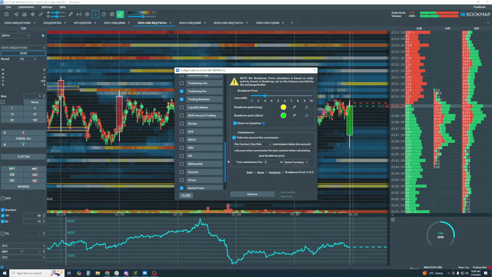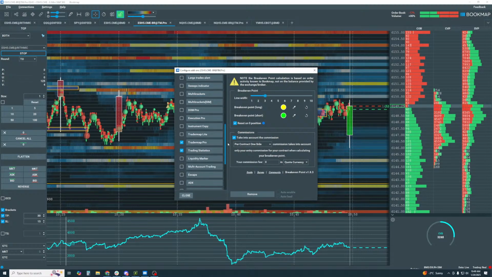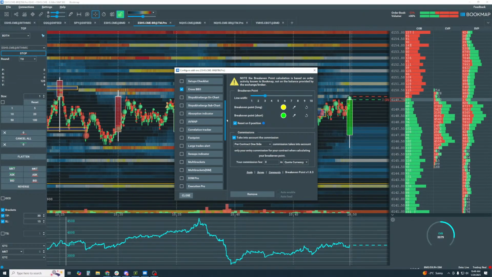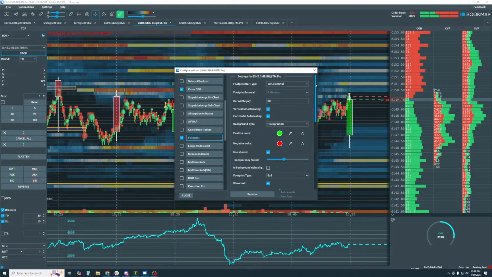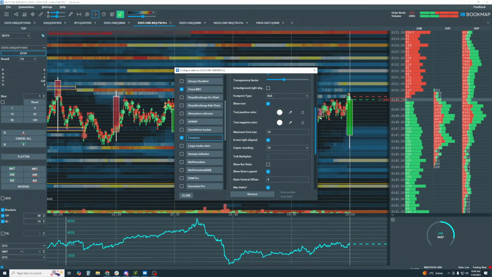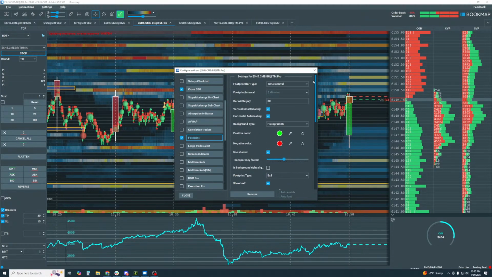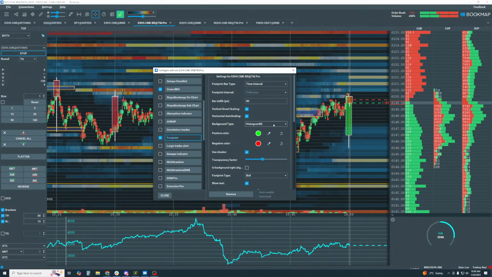Okay, I think there was a question earlier about delta, understanding the delta here. Add this to the chart. Boy, I haven't added this to the chart in quite a while.